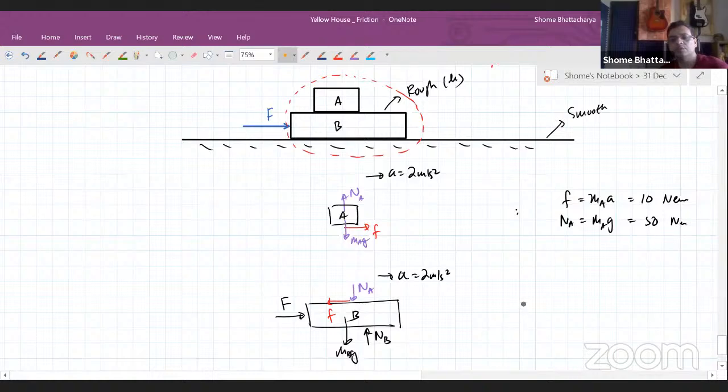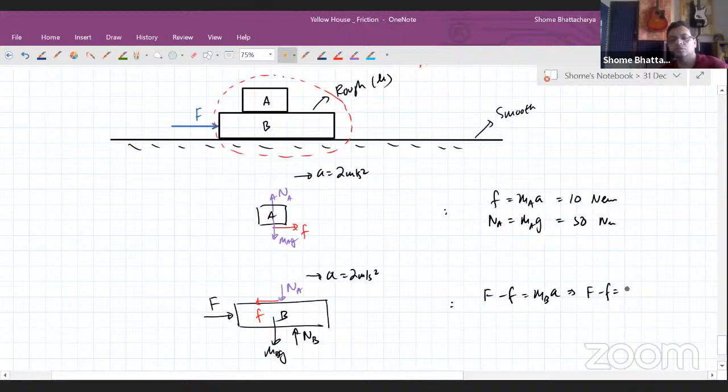For B, we can see that F minus friction is mass into acceleration. So that tells us that F minus friction is equal to 20 newtons, because its mass was 10 kg. And the normal reaction on B is equal to the normal reaction due to A plus the weight of B. So the normal reaction on B will become 50 plus 100.